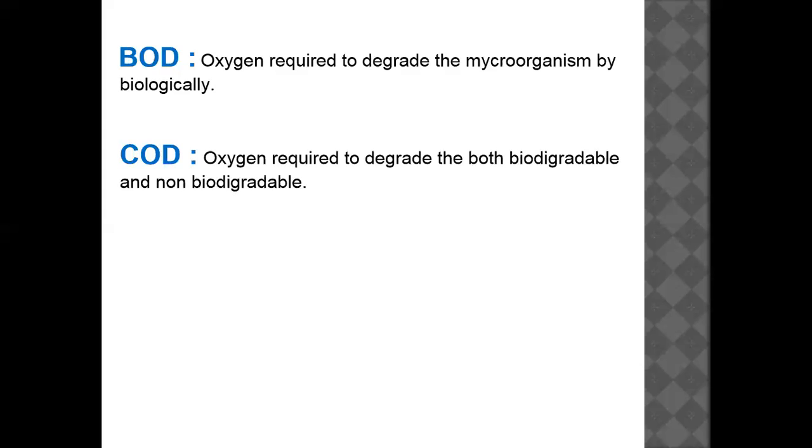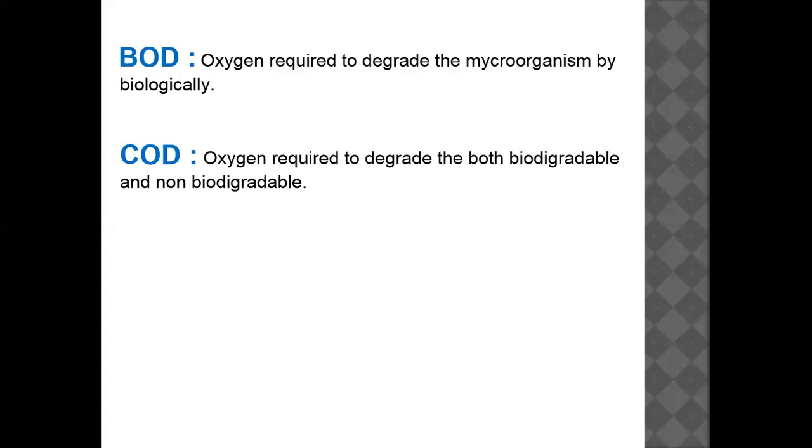A known amount of potassium dichromate solution is added to a measured amount of sample, and 50% concentrated sulfuric acid is added to this mixture. After that, some amount of dichromate remains unreacted, and this unreacted dichromate is determined by using Mohr's salt solution.